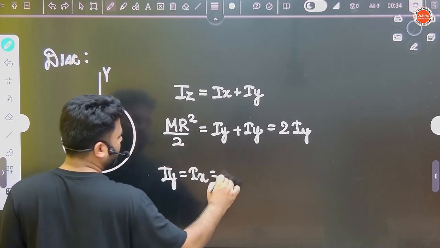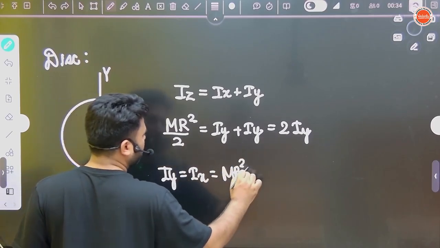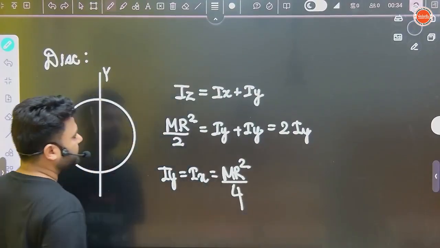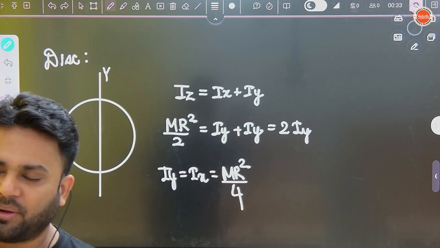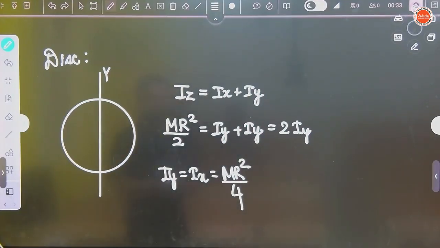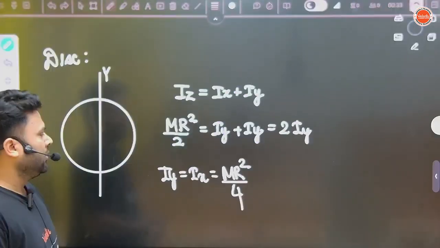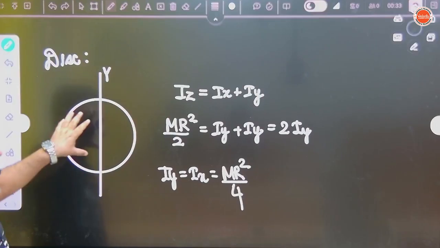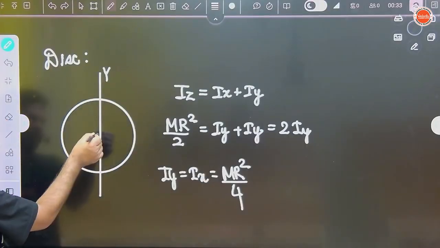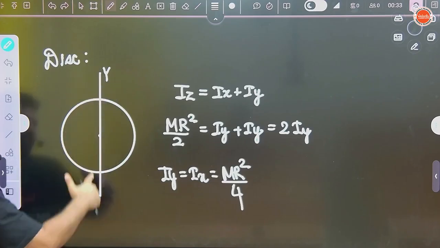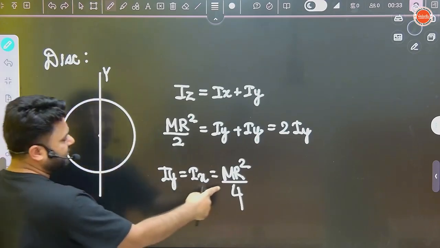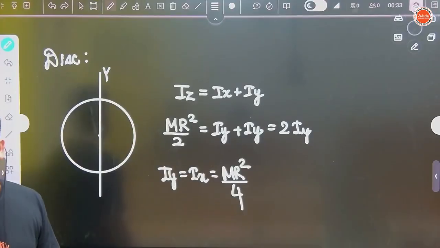This 2 will go there, equal to mr square by 4. So these are two important theorems, parallel axis theorem and perpendicular axis theorem. You should be able to know this. If they ask the moment of inertia about z axis, it will be mr square by 2. If they ask moment of inertia about y axis or x axis, it will be mr square by 4.